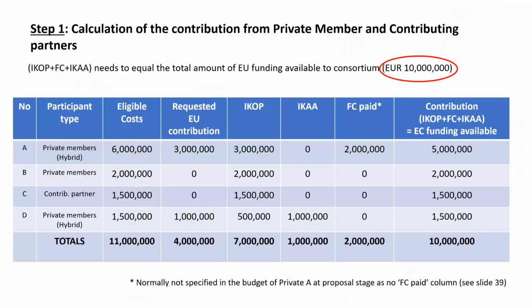For instance, you have here 4 types of private members and contributing partners. Some are contributing only IKOP and financial contribution. Others are hybrid, so they're also requesting funding. You see that they contribute 10 million, but they also request 4 million.